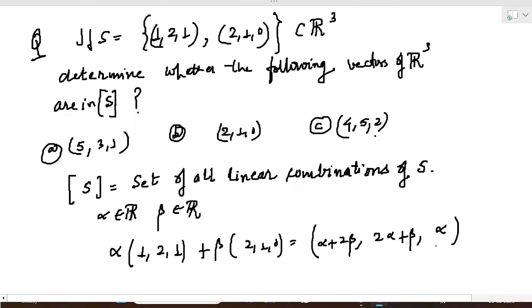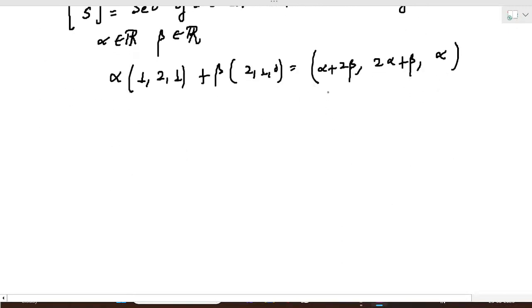Now in order to understand whether these elements (5, 3, 1), (2, 1, 0), (4, 5, 2) belong to the linear span, what you need to do is check whether (alpha plus 2 beta, 2 alpha plus beta, alpha) can be equal to (5, 3, 1).